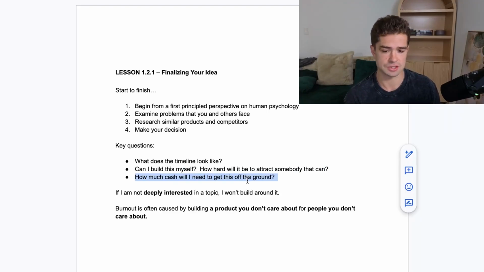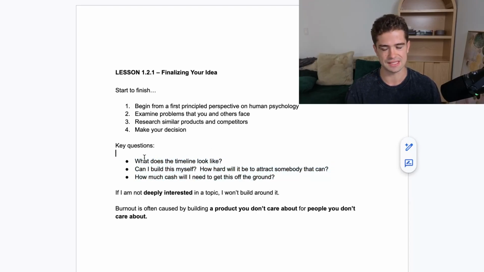How much cash will I need to get this off the ground, right? So these are, once again, very similar to the questions and nature of resources versus constraints that we went over in idea versus execution. But you need to ask yourself and reassess them when you get to this step of the process.